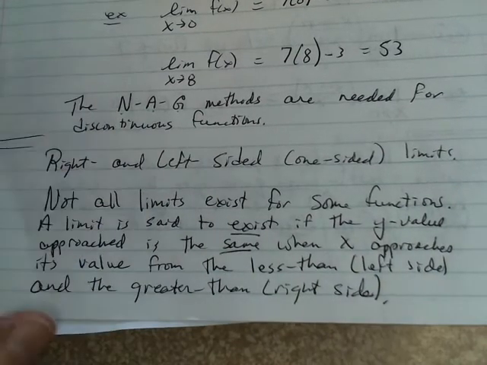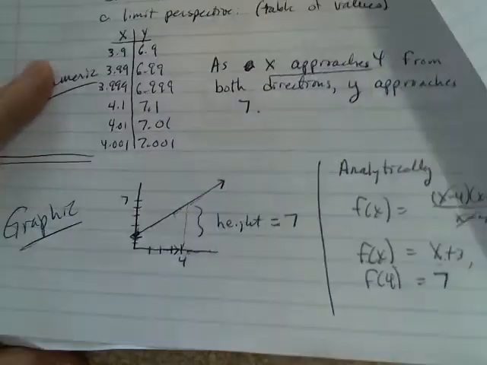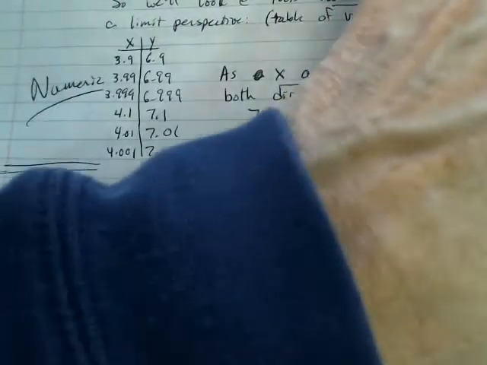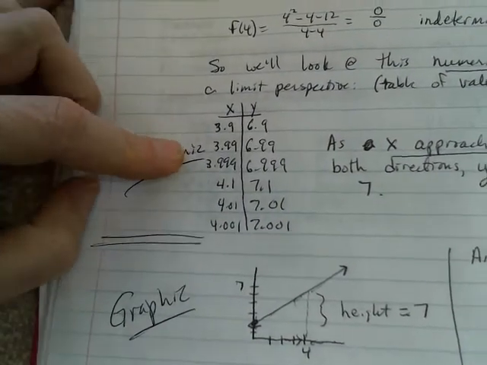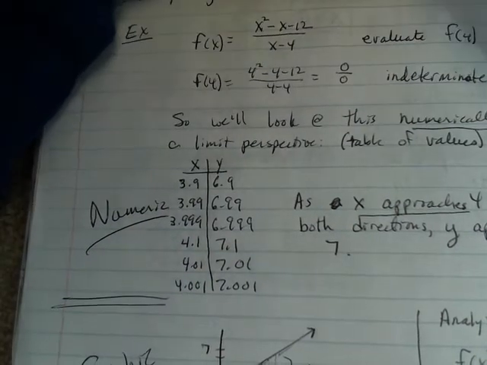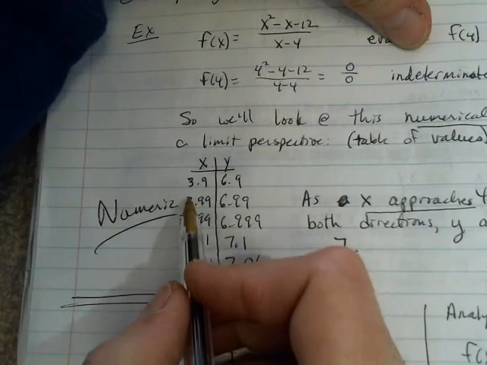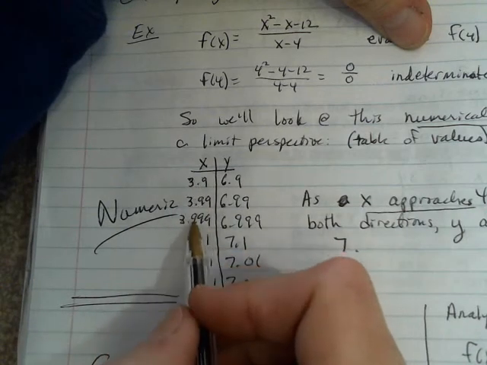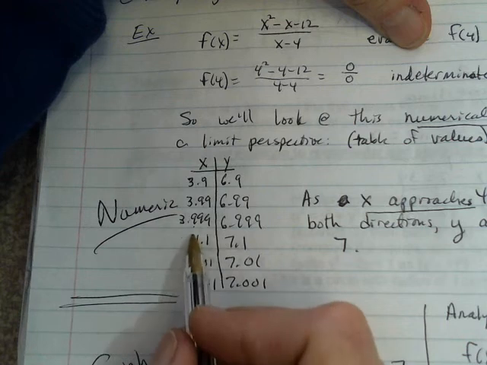And I'm going to give you an example from the table what I mean by that. If you want to go back to the notes that we took on the previous video, we were looking at some numeric values of this function, x squared minus x minus 12. We're trying to find the limit as x approaches 4. So we were looking at the limit as x approaches 4 from numbers less than 4 and for numbers greater than 4.